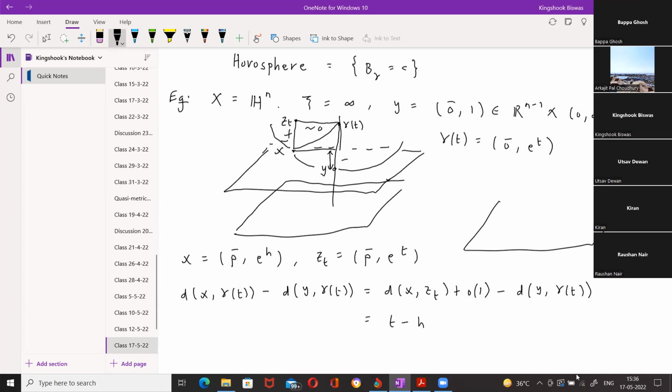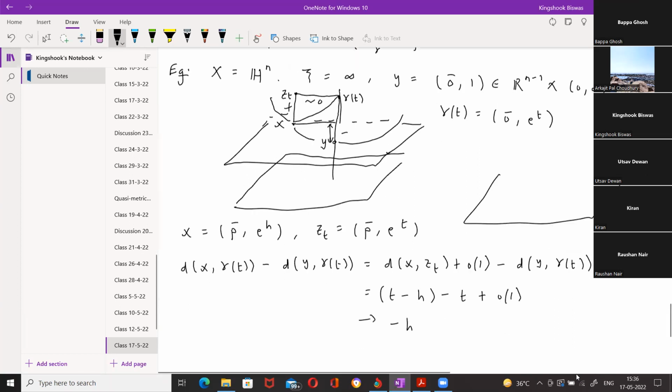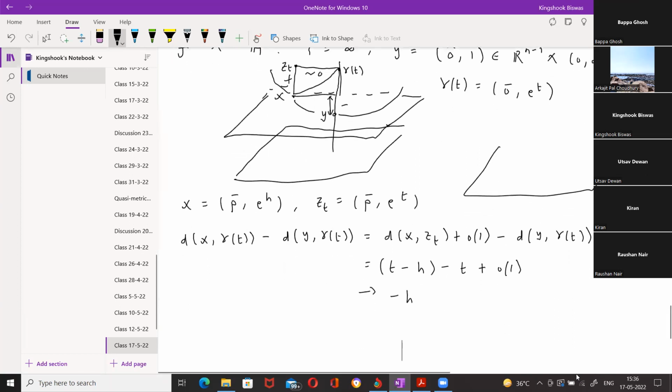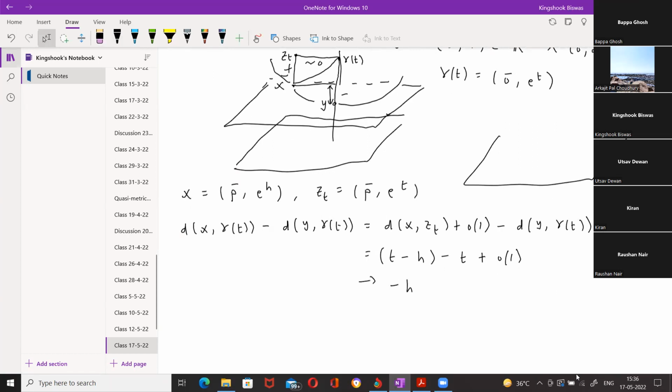And the distance from y to gamma t is t, and then there's a little o of 1. So this just converges to minus h. So in other words, the Busemann function is just minus the log of the height.